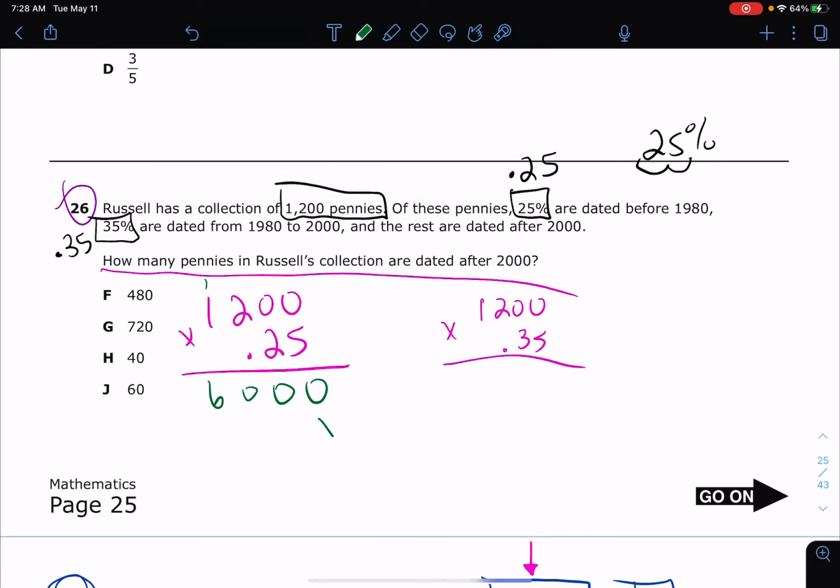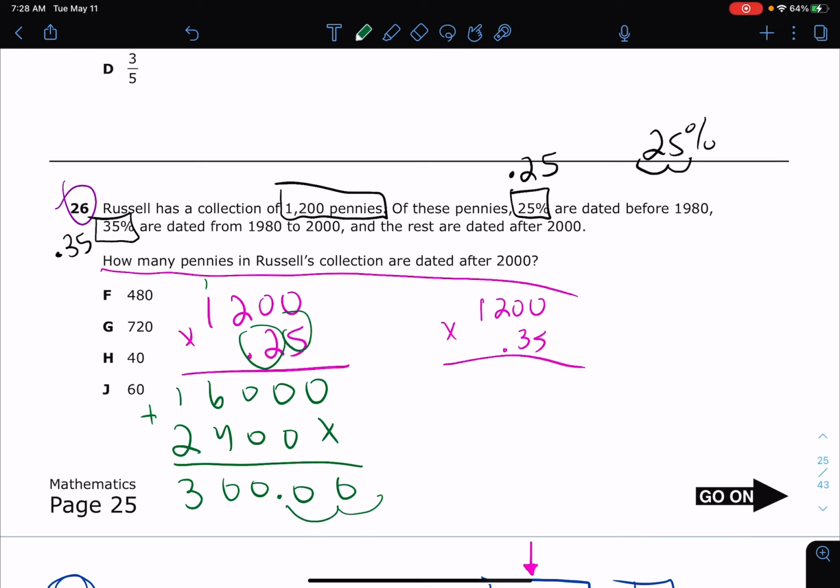And now I add. There are 2 behind the decimal. So 300 pennies are before 1980. 300 centavos son antes de 1980.